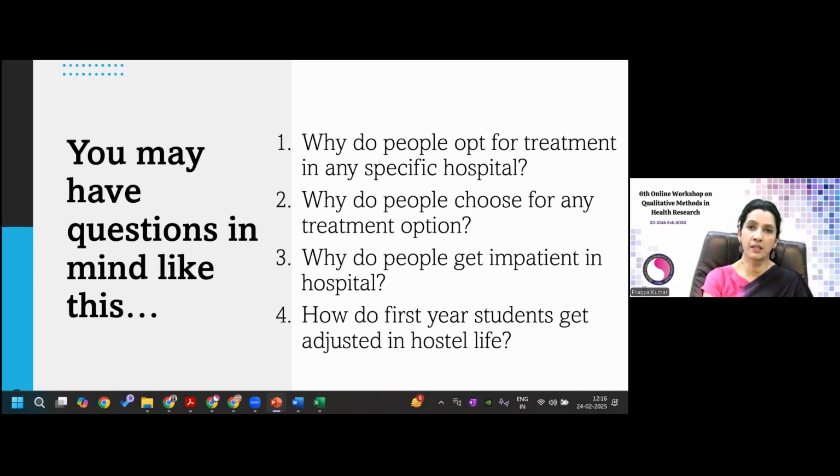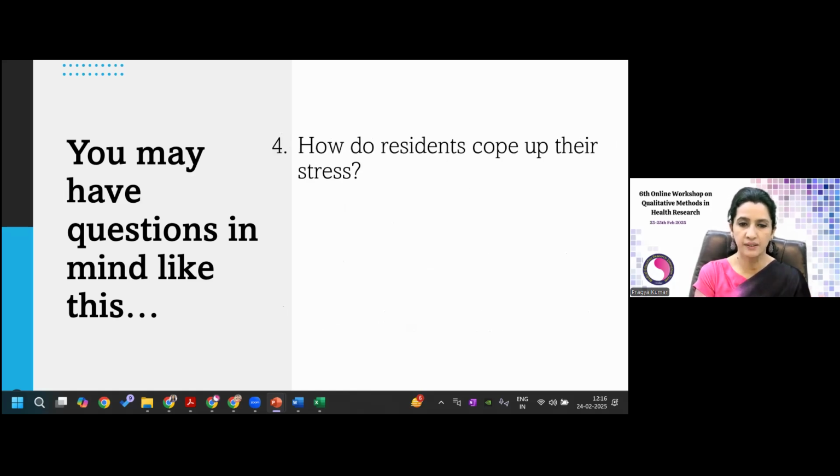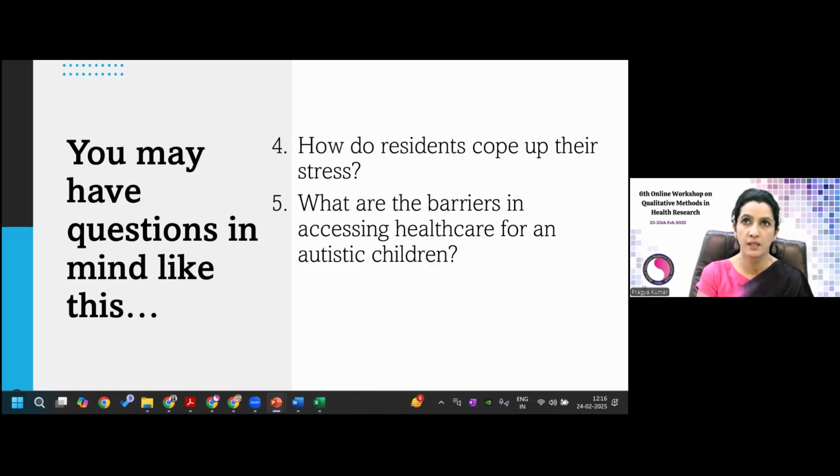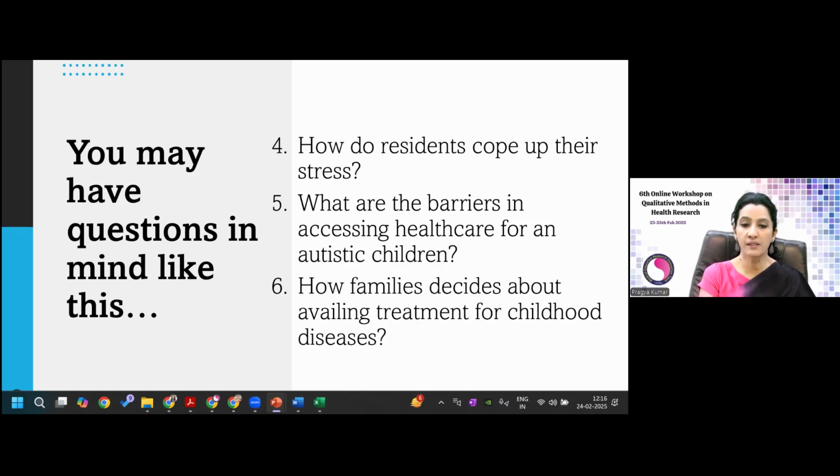If something is of this sort, then what you can do, because it is related to a group of people. Other questions are like how residents cope with their stress, the barriers in accessing healthcare for autistic children, or how families decide about availing treatment for childhood diseases.